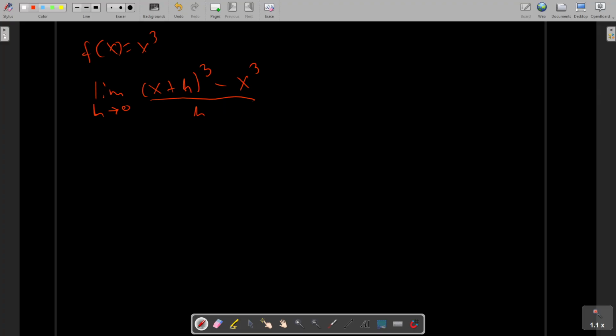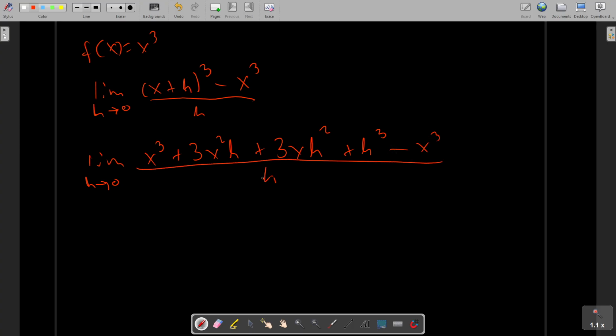Okay, so coming back to that, let's see if you guys are right. So we expand the first term. We get x cubed plus 3x squared h plus 3xh squared plus h cubed minus x cubed over h. And these first 4 terms here are just the expansion of x plus h cubed.